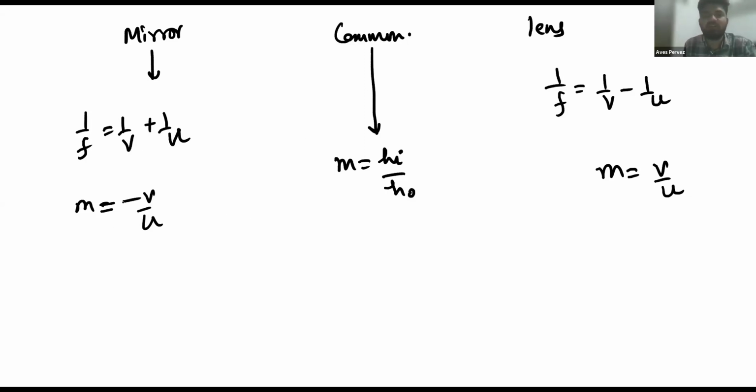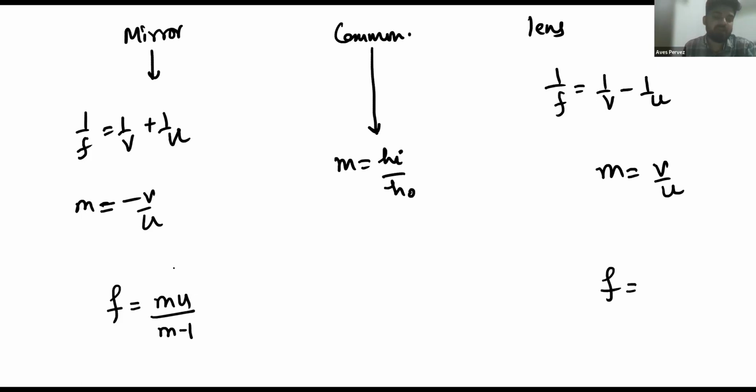Next, this is 1 upon f, the formula for the mirror. And we have some common formulas: f is equals to mu upon m minus 1 for the mirror.